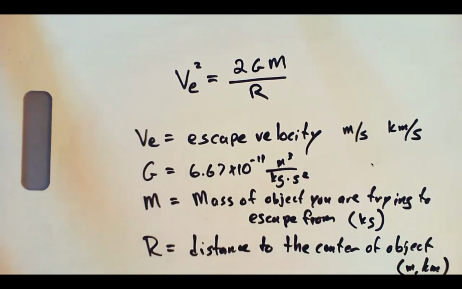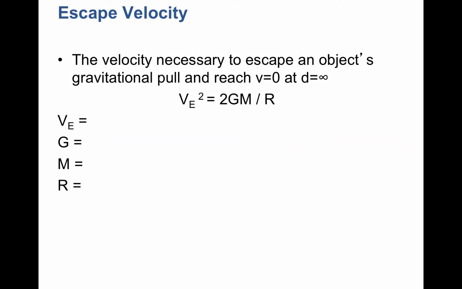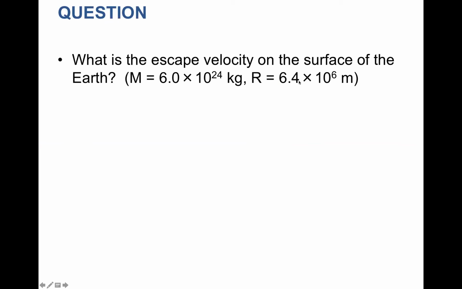Let's do an example. What is the escape velocity from the surface of the Earth? We've got a mass, 6 times 10 to the 24 kilograms. We've got a radius, 6.4 times 10 to the 6 meters.